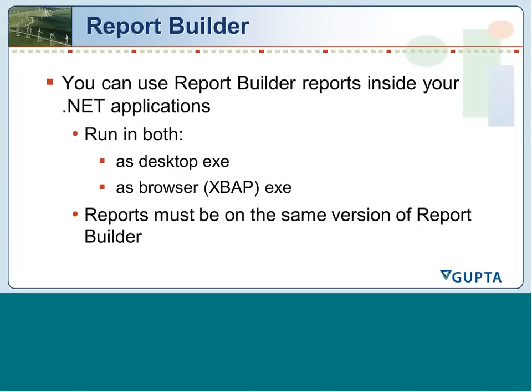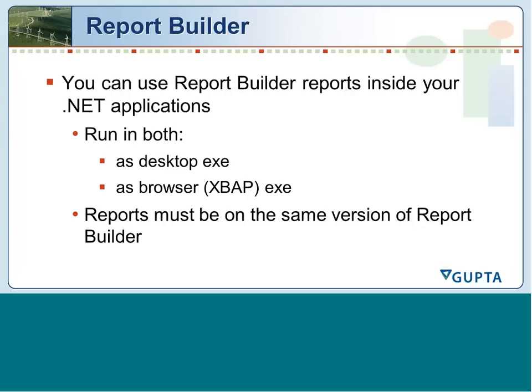But one very important point is the report itself, the report source file must be the same version of the report builder as Team Developer. I heard a lot of, our reports are based on maybe Team Developer 3.2 or 4.2, and we use them inside Team Developer 6 or 6.1 without any change.